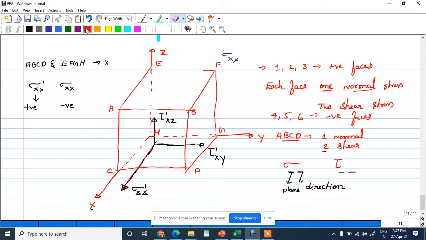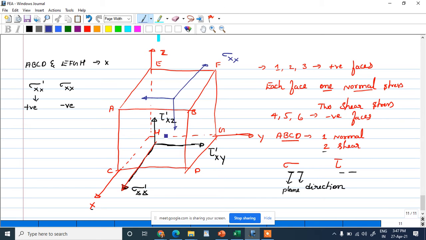Yeah, x was right, so x here the positive is sigma xx prime, and here the same in opposite direction, that is sigma xx, and tau dash xz in the positive, and you should draw in the negative direction, and this one in the negative direction.